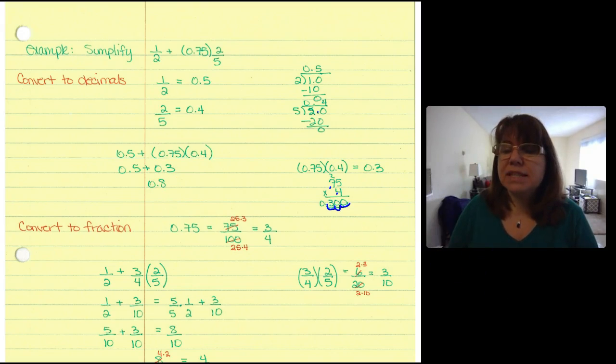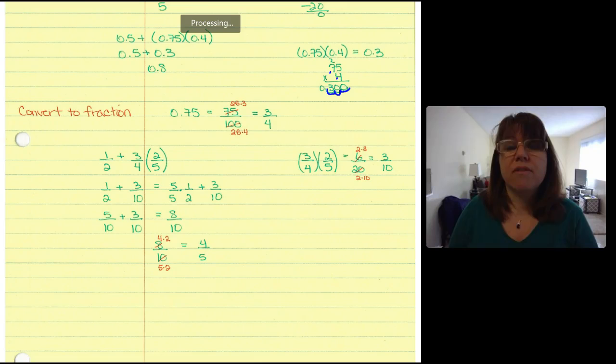Now, if I first decide to change everything to fractions, I have to say 0.75 is my only decimal I need to convert to fractions. That is 75/100ths. I can reduce this. The top number, 75, is 25 times 3. My denominator is 25 times 4. I can reduce by 25, both the numerator and the denominator, so I'm left with 3/4.